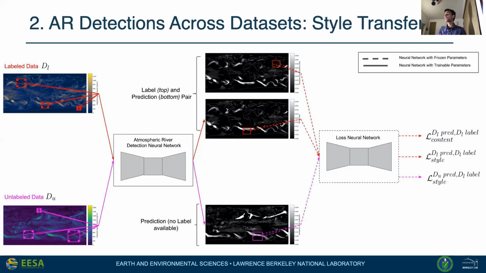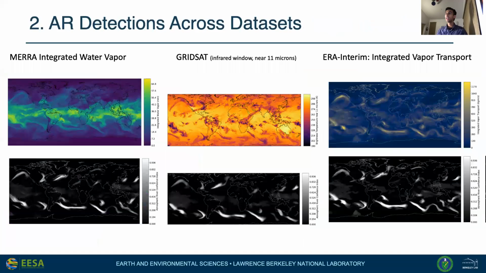And for the data sets that don't have labels, we use style transfer, where even though we don't have a set of labels for that specific image or that specific time step, we do have labels for another data product, and then we compare the style of the data set without labels to the style of the data set with labels.